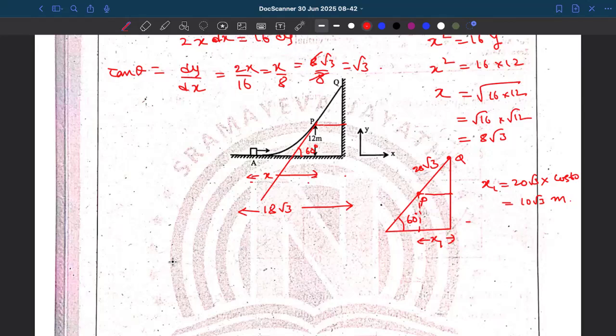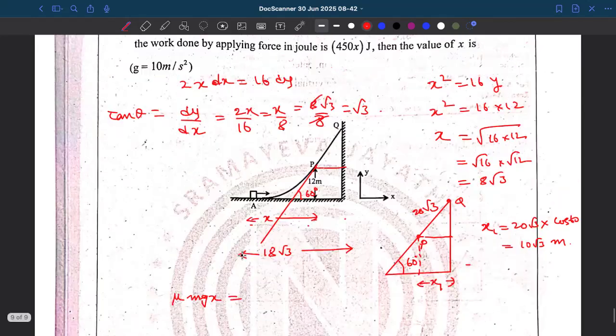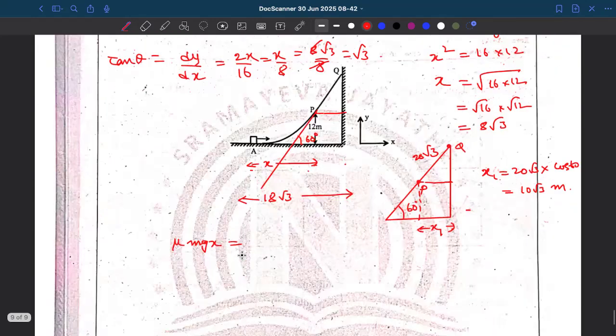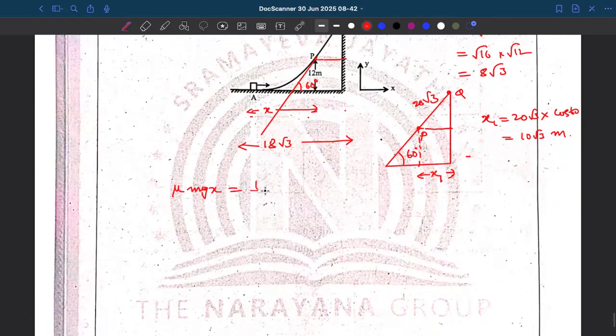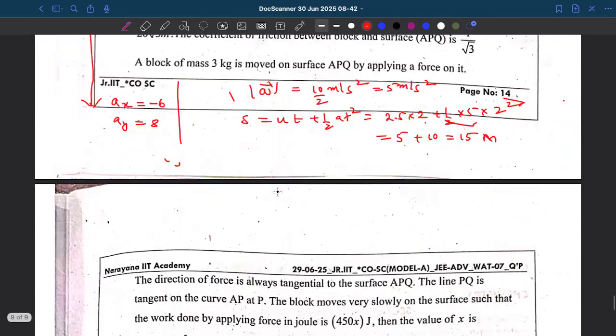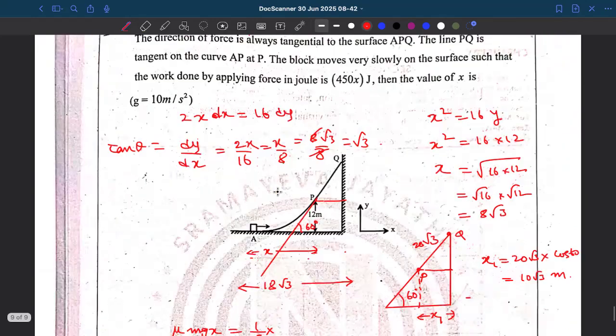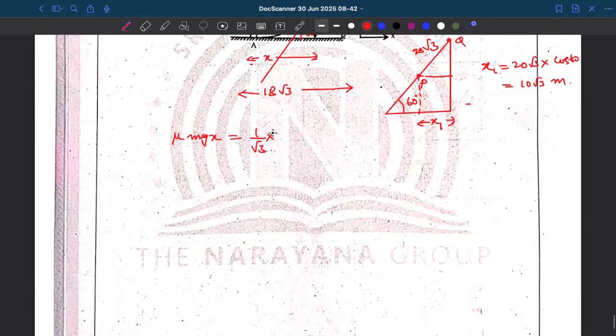మీరు స్లోగా తీసుకెళ్తున్నా అన్నారు. వర్క్ డన్ బై ఫ్రిక్షన్ μmgx, mu 1 by root 3. m ఎంత అని ఇచ్చావా? m 3 kg, g 10 ఫార్చునేట్లీ. x ఎంత? 18 root 3.